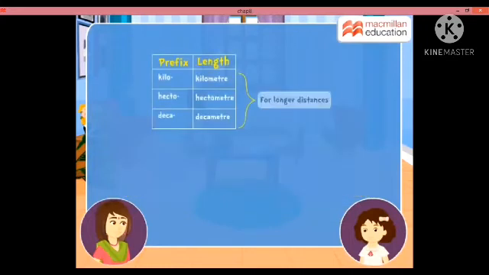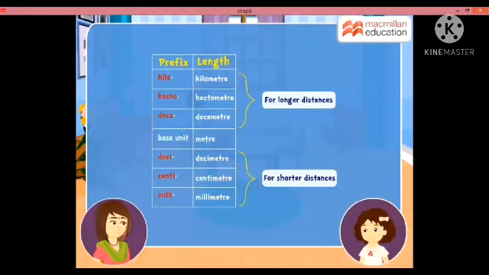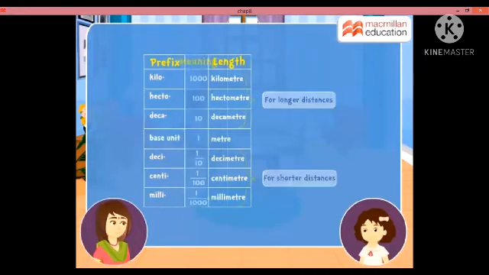For longer distances, we use measures which are formed by adding the prefixes like kilo, hecto, deca to the basic unit. And for shorter distances, we use prefixes like deci, centi, and milli to the basic unit. And these prefixes are multiples of 10.